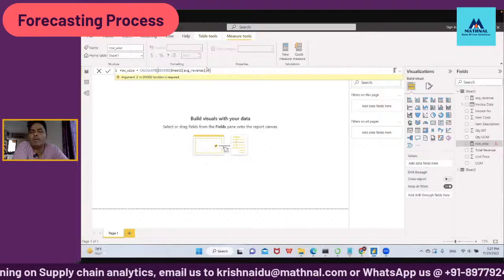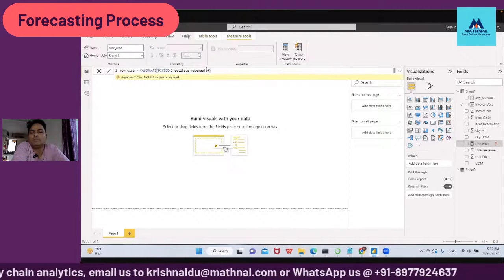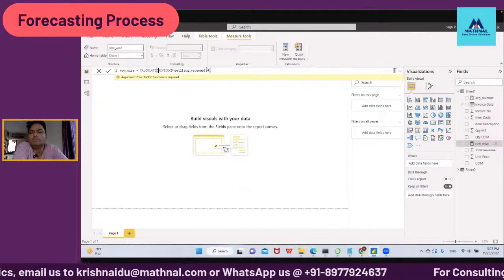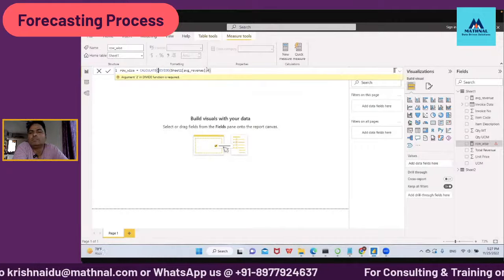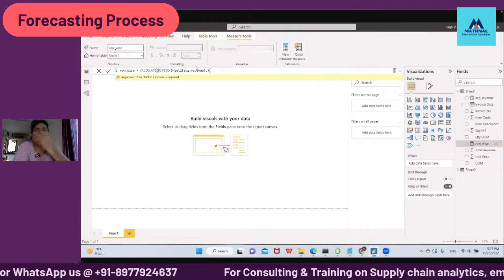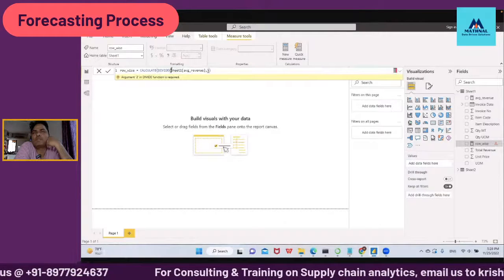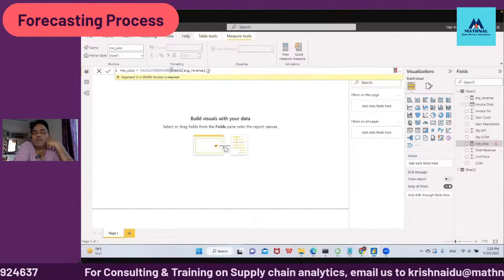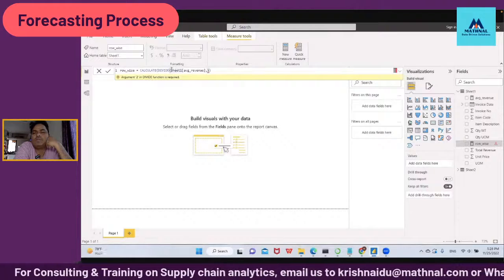What is the need of doing a divide here? We are trying to find the row-wise average calculation, so why do we need to do divide here? If we want to use divide, then we have to use sum divided by count.